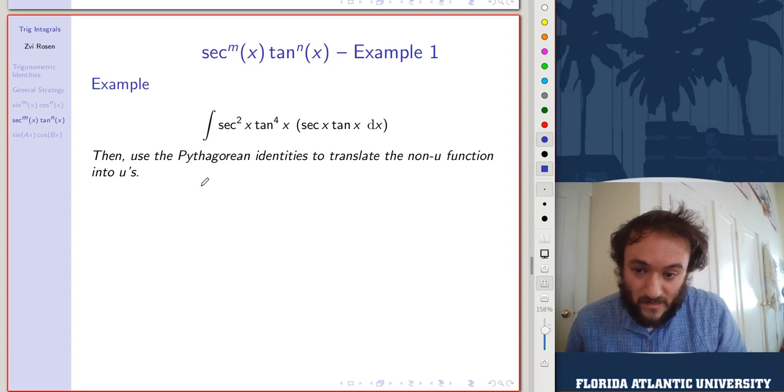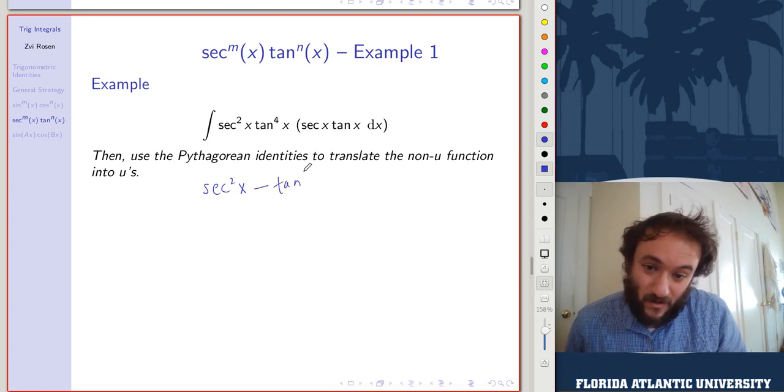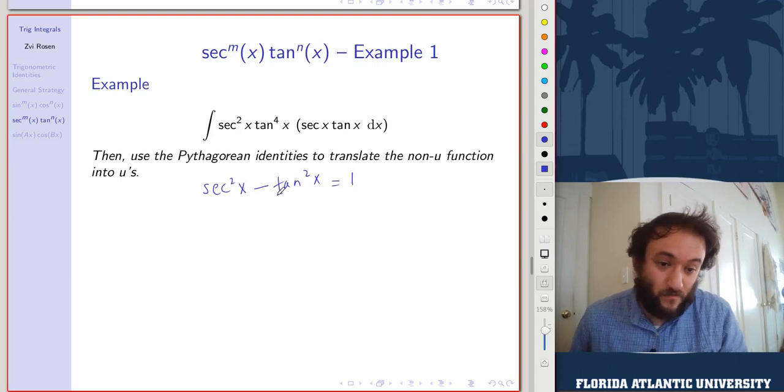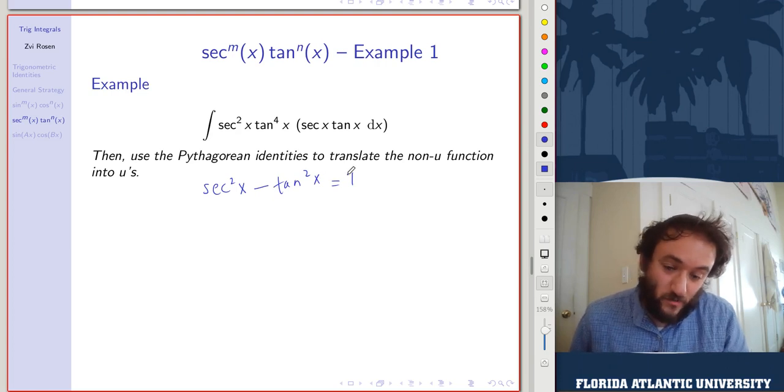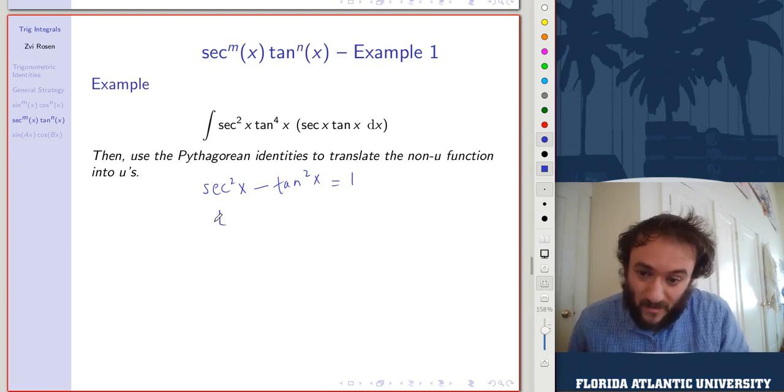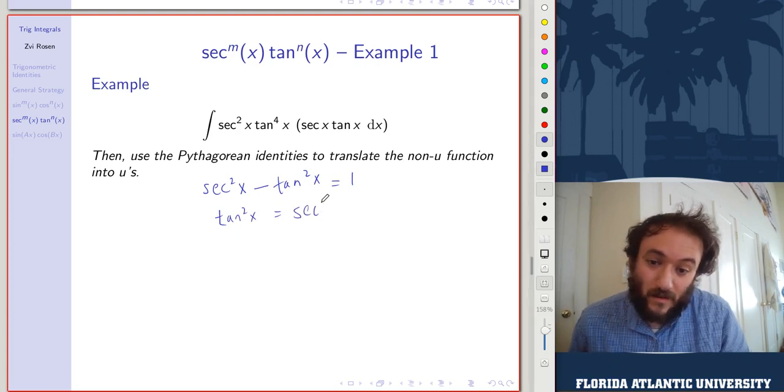So because of the identity secant squared x minus tangent squared x equals 1, what that means for tangent squared, if I want to turn it into secants, I'll add tangent squared to both sides and subtract 1. I get tan squared x equals secant squared x minus 1.